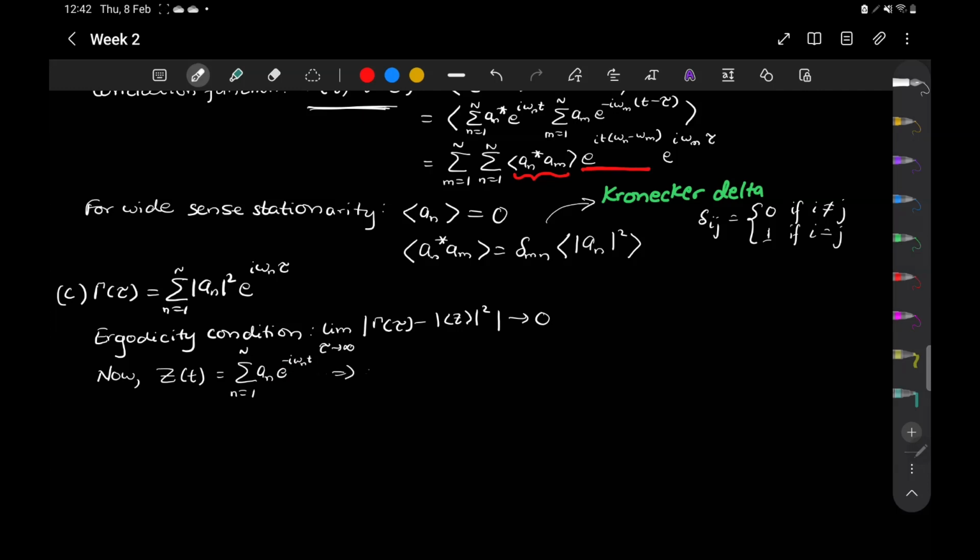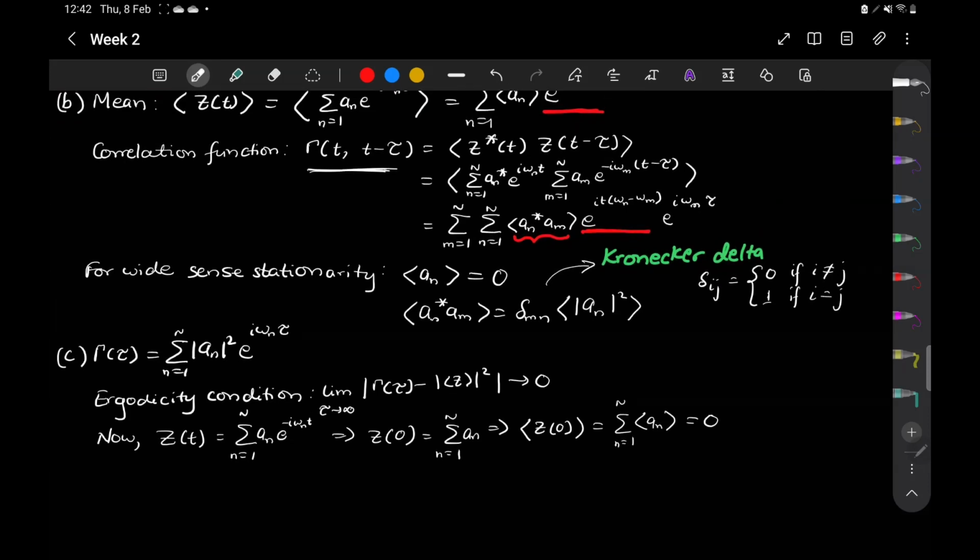So this means that at t equal to 0, and this we saw earlier needs to be 0 for wide sense stationarity.